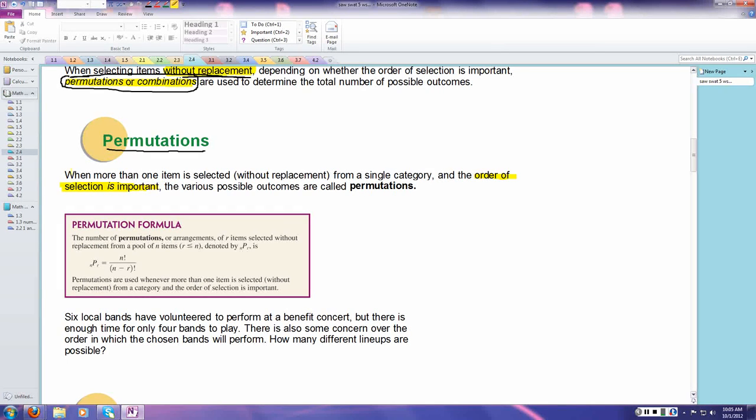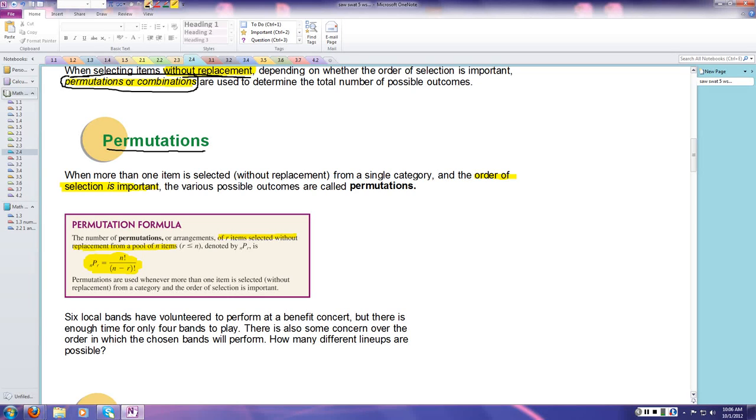So if it matters which order you pick them, it's called a permutation. And this is the formula for permutation. You might have actually used this formula in 2.3, but you didn't know it was the permutation formula. So if I give you n objects selected r at a time, so r items selected without replacement from a pool of n items.